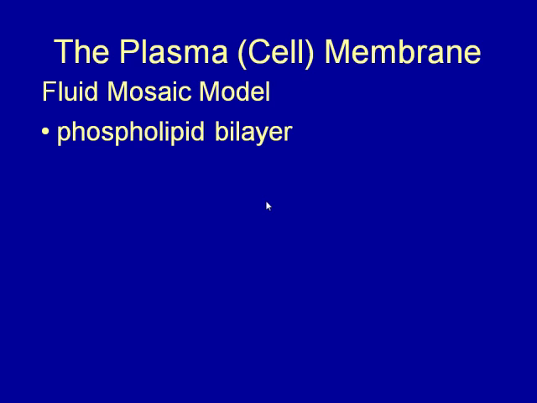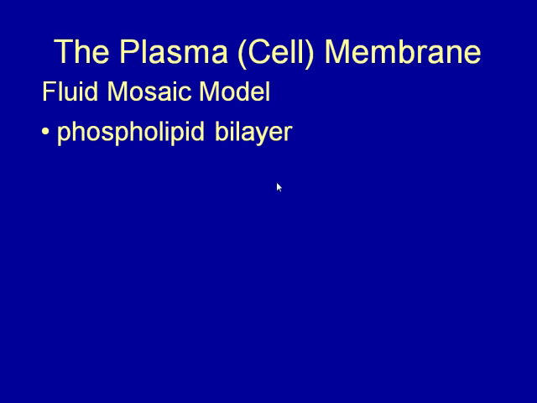If you put phospholipids into water, they automatically line up in a bilayer with the tails, the water-phobic parts, pointed inward, and the heads, the water-philic parts, the part that likes dissolving in water, facing outward. And that's just how that happens.